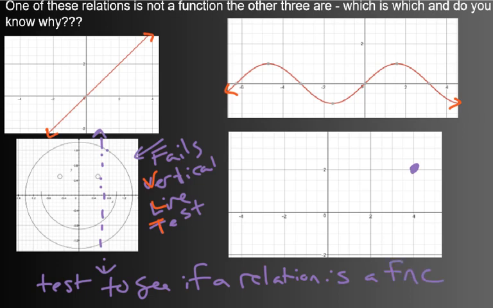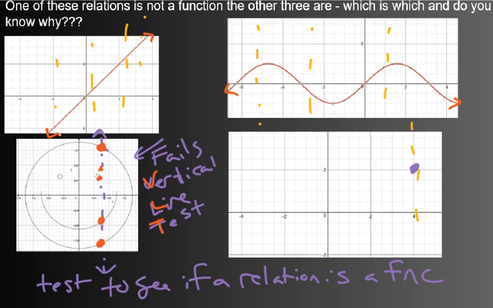And it fails because you can hit, I guess I'll do some red, 1, 2, really even 3, 4, 5 different points there with a vertical line. But in all the other ones, if I draw a vertical line anywhere, here, that spot, this spot, I'm only ever going to hit 1 point.